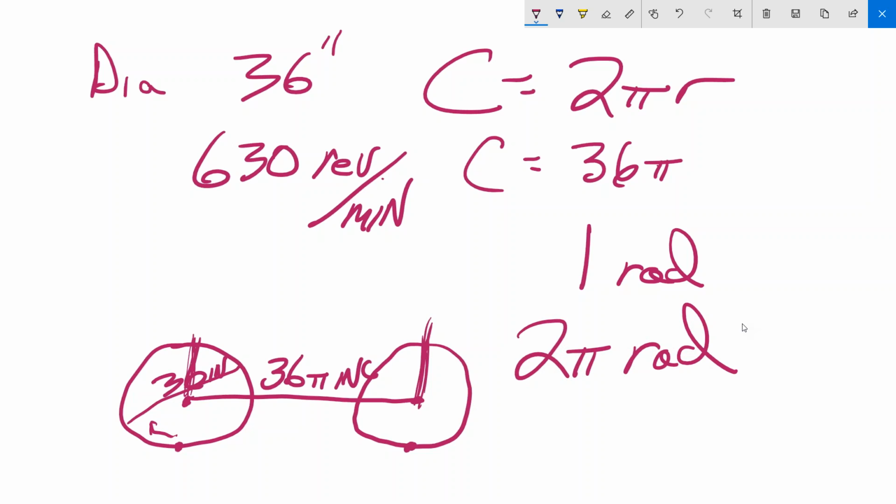Let me ask another question. You'll get this if I keep asking you these questions. How far would the wheel travel if you rotated it by pi radians instead of 2 pi? We know how far it'll go if we rotate it by 2 pi radians, right? 2 pi radians is 1 full revolution. So if the wheel makes a half a revolution, how far is it going to go?